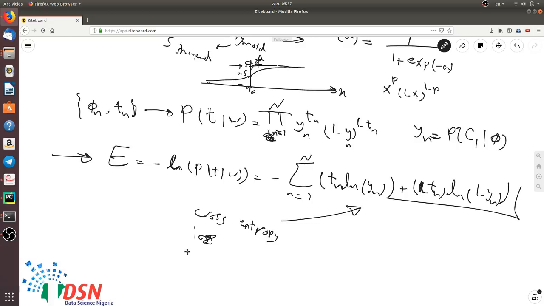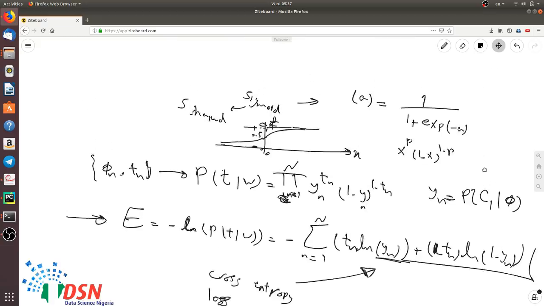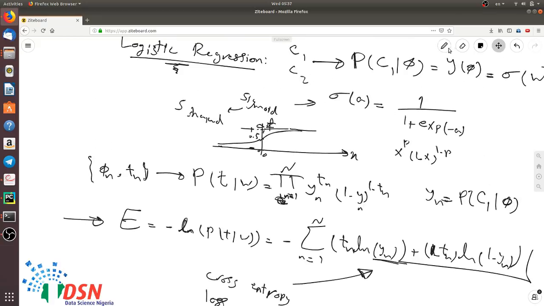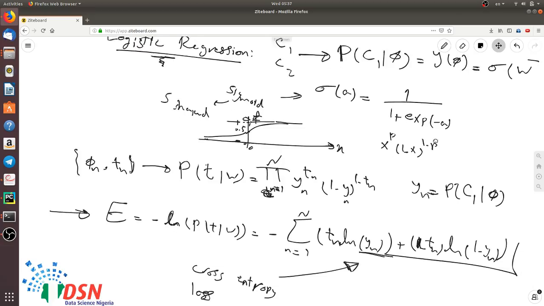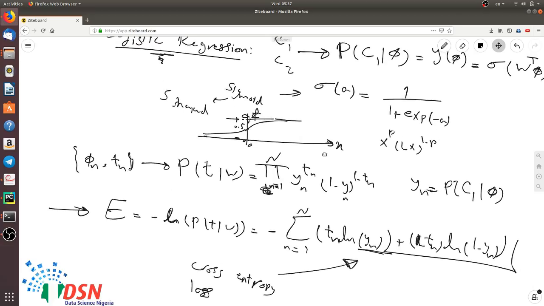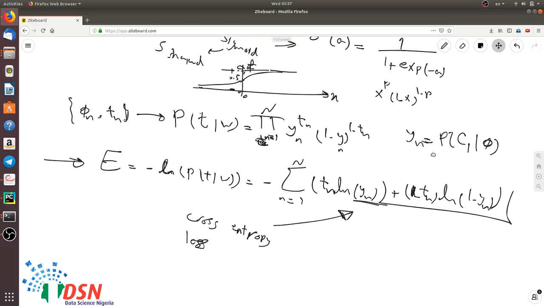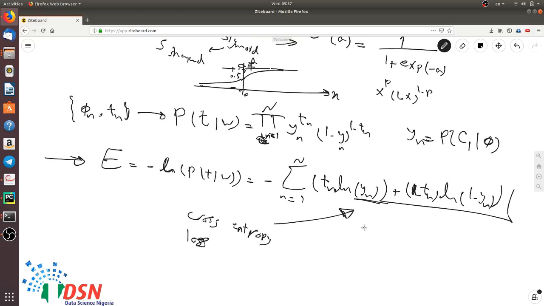Okay, so it tells you if you have a Bernoulli distribution of your two classes data and you use maximum likelihood, then you obtain cross-entropy loss. And the great thing about this cost function is that it is convex.